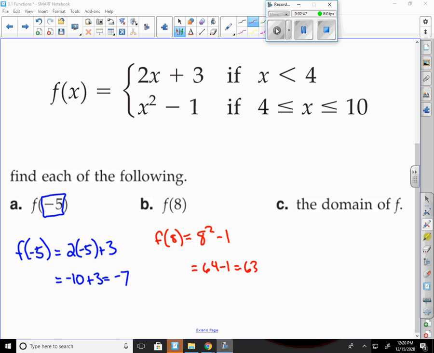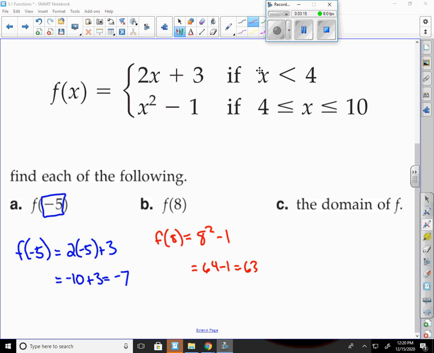For part C, the domain of f, that means what x values can I plug in here? Is there a lowest number that I could plug in that doesn't work for either of these? If I plug 3 in, that would work for the top equation. Can I get less than 3? I could do negative 3, negative 20, negative 1,000, negative 1 million.